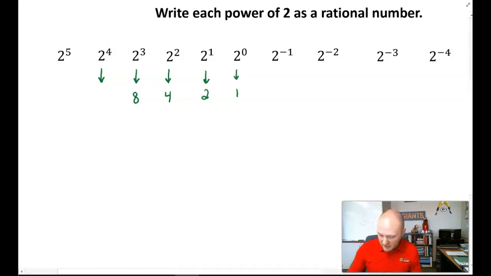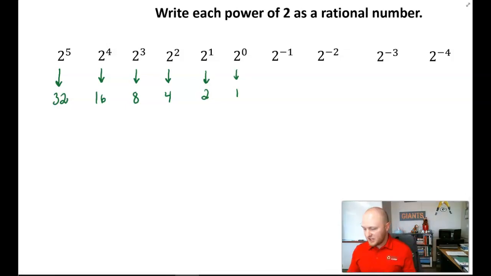Well, you're going to take 2 to the power of 3, and you're just going to multiply by 2 again. So this becomes, very good, 16. And then lastly, 2 to the 5th is 32. So 2 times 2 times 2 times 2 times 2. All right, so those are the positives and the 0.